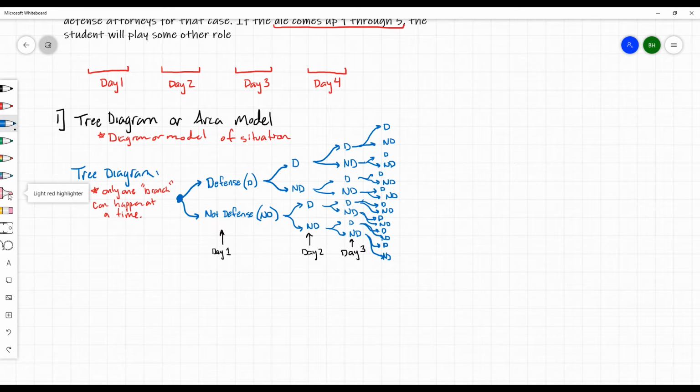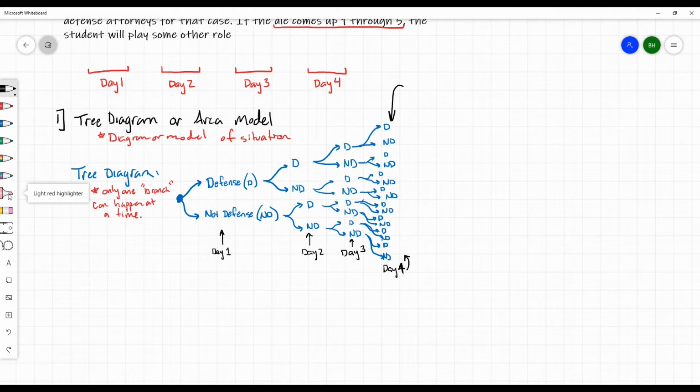Oh, not defense. Okay, so this represents day 4. And ultimately, whatever your last event is, in this case day 4, this would be how many different branches we can take, kind of, right? So you should be able to reach any of these possible events by going through a branch here.